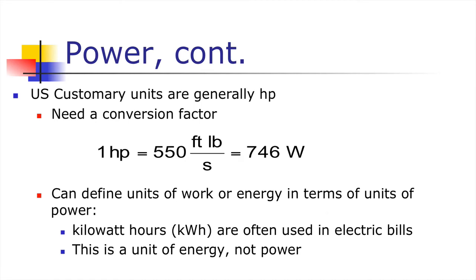Now, in the US customary system, power can also be calculated as foot-pound per second, with a special name, horsepower. For instance, mostly in cars, when you turn on your TV, most of the time you see cars being advertised in horsepower.